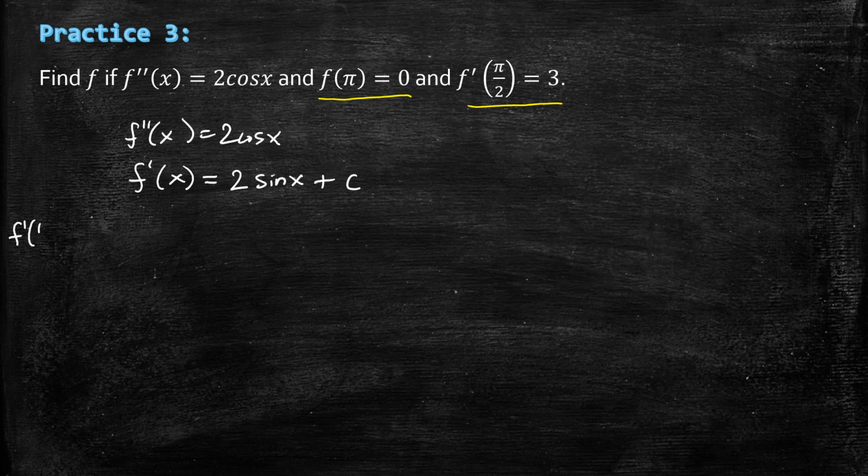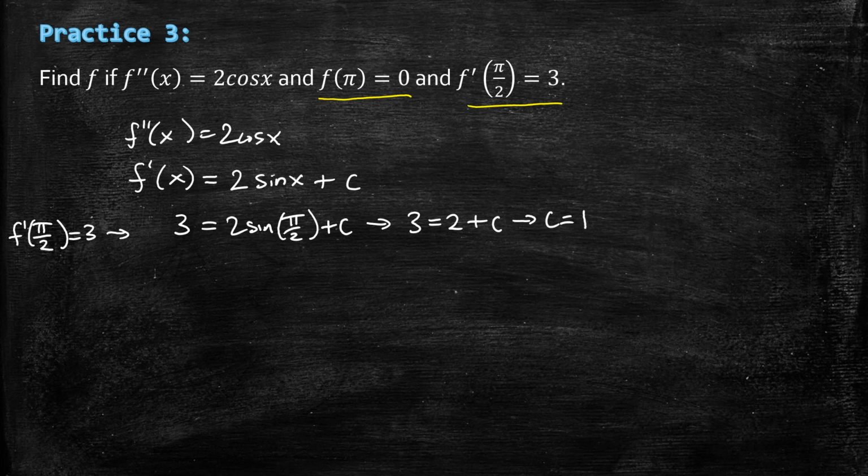So we know that f prime of pi over 2 is 3. We just plug this into our equation. We get 3 equals 2 sine pi over 2 plus c. Sine pi over 2 is 1, so that delivers us that c equals 1.